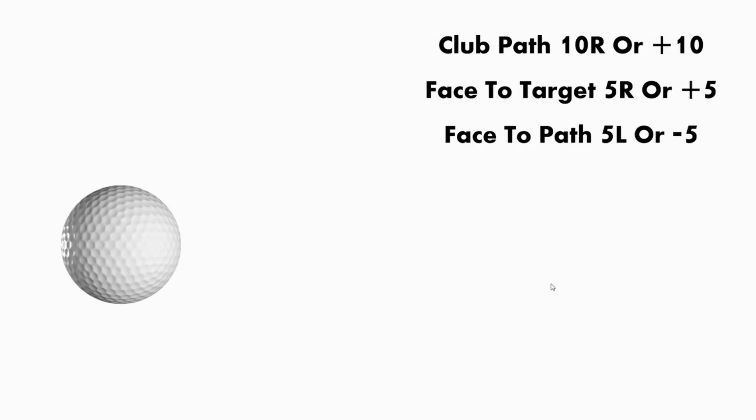So let's look at the first example where we have a club path of 10 degrees right or positive 10. Our face to target or face angle is going to be open 5 degrees, so 5 degrees right, or positive 5. So that's going to create a face to path of 5 degrees left, or negative 5. But you might be thinking, well, Mike, how does that work?